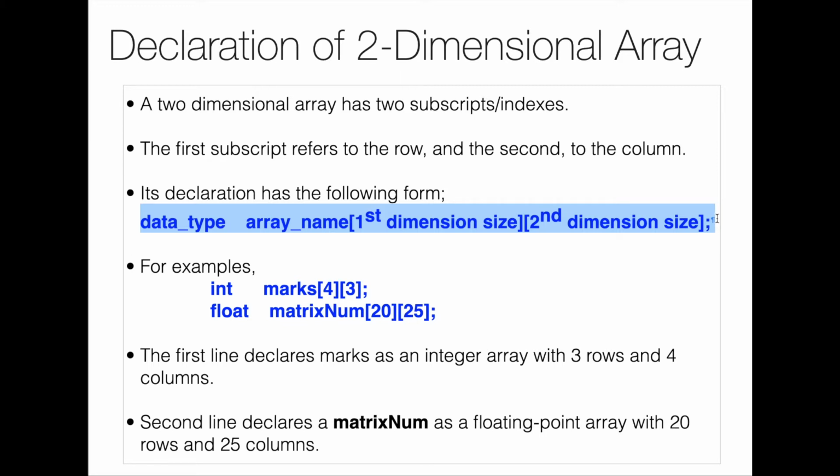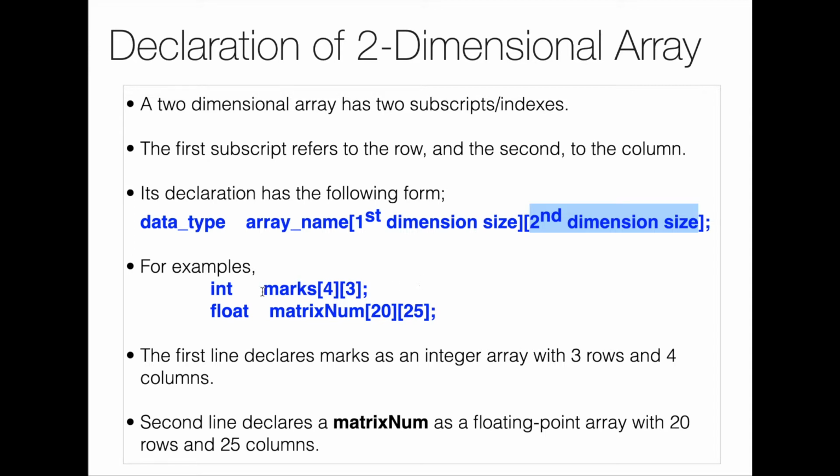Then we give the identifier for our two-dimensional array. Then we give how many rows we plan to keep in this table. The next argument is how many columns we plan to store in the table.